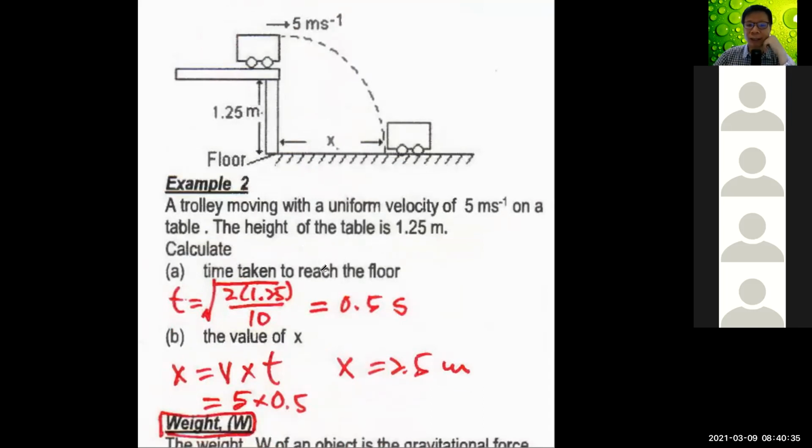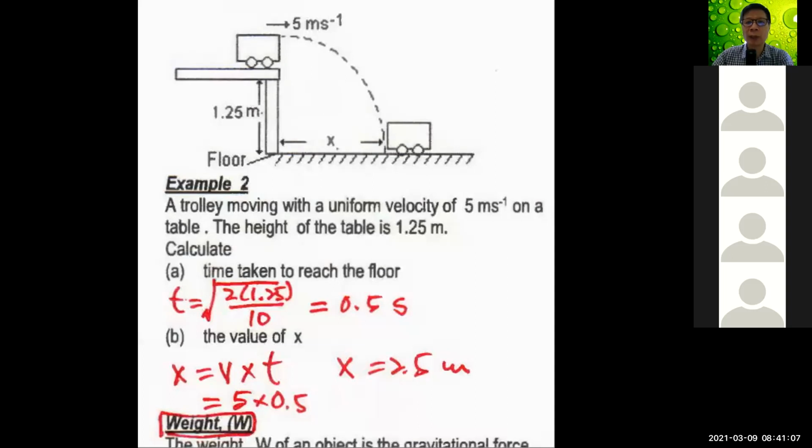Understand? All right, now one more subtopic we want to finish very fast: weight. Why do we study weight here? Because weight has to do with gravity. Every time you stand on a weighing scale, you see the reading, say 49 kilograms. Or if you are bigger, it comes out 68 kilograms.